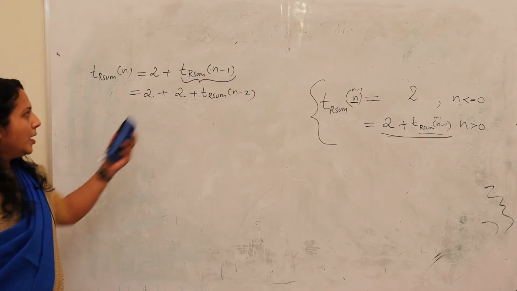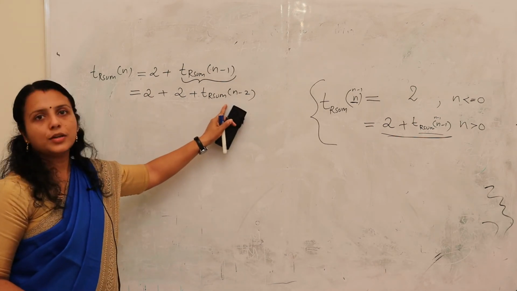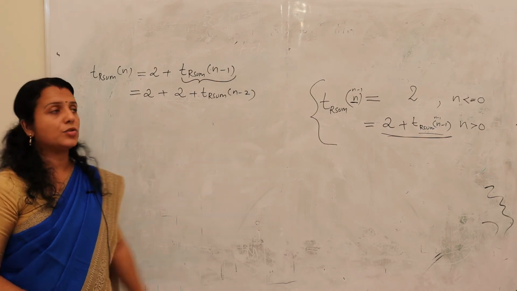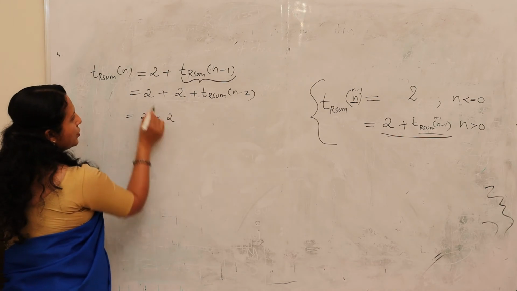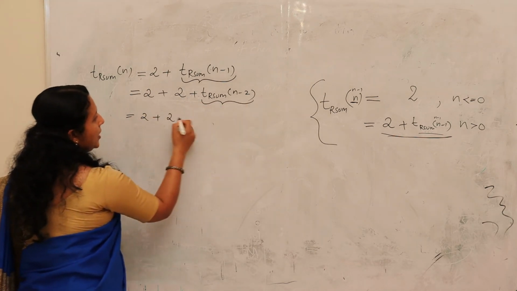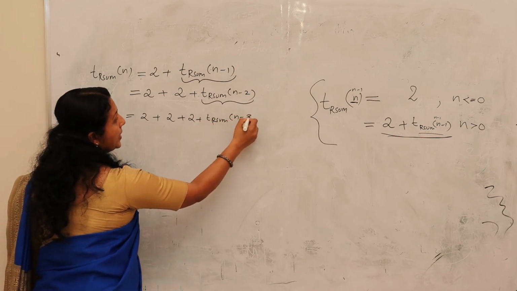Okay. Now in the next step, you have to solve this formula TRsum of n minus 2. So we will get 2, this same 2; both 2's are from the above 2. Now you are going to solve this. You will get 2 plus TRsum of n minus 3.